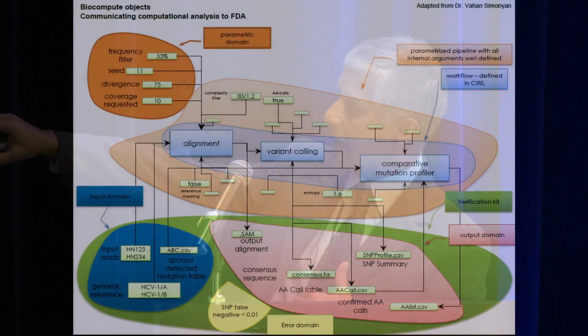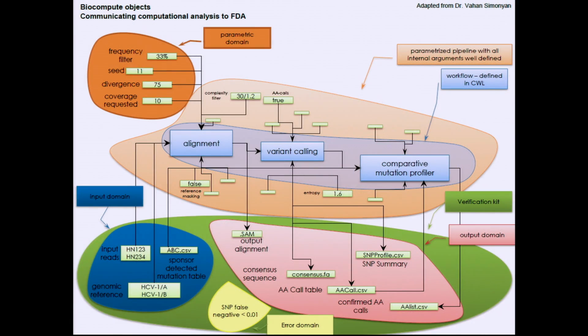This didn't happen just at the workshop, by the way. We have been working on this. We actually have a paper which describes this concept. So what we are saying here is that if we can capture, in the middle you see alignment, variant calling, and mutation profiler. That's what people talk about when they are putting up slides and saying, okay, this is what I'm doing. But we want to capture the complexity filter, the amino acid calls, what is the entropy, and so on in the parameterized domain pipeline.